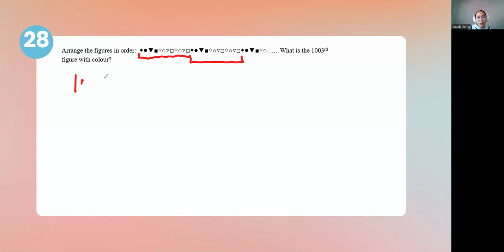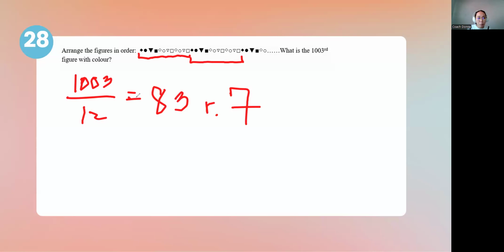So 1003 divided by 12, you'd get an answer of 83, remainder 7. So it's the remainder that matters. Let's count which one is the seventh: 1, 2, 3, 4, 5, 6, 7.